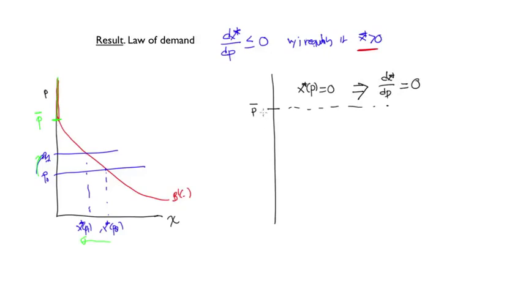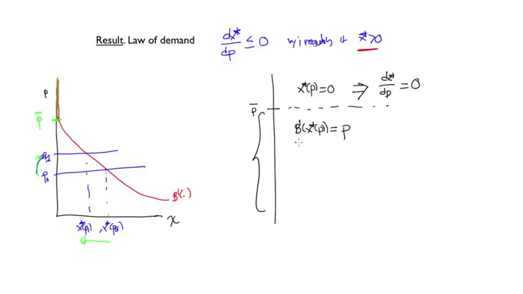Now the interesting case is what happens in this range. In this range, we know that the demand function has to satisfy the following first order condition, which is B prime of x star of P has to be equal to P. That's the first order condition that characterizes the demand function.